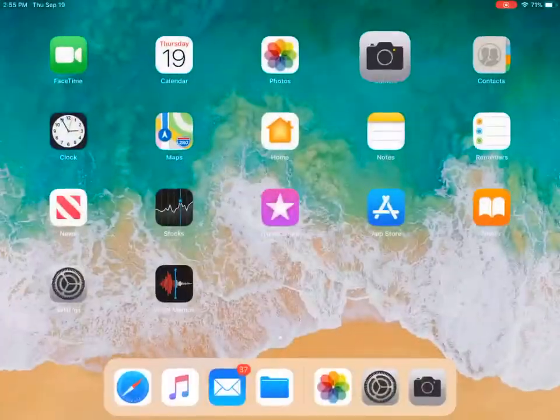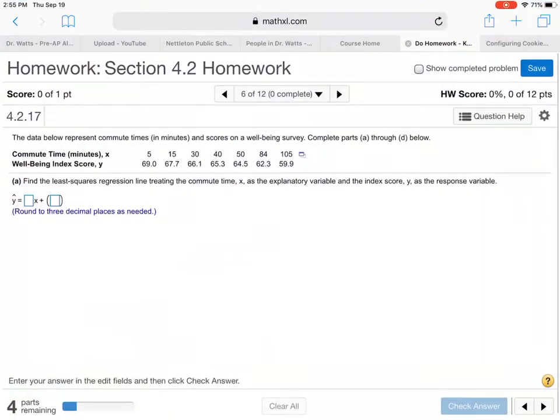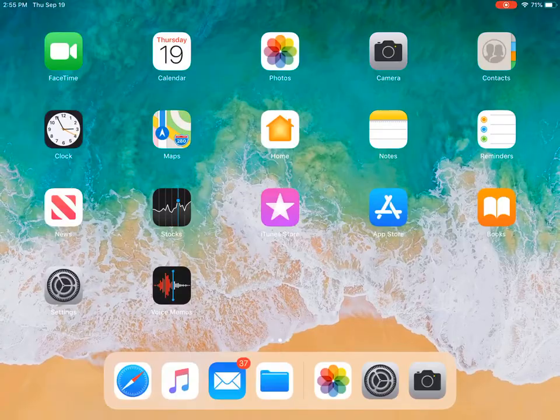So let's go back to our problem here. It says to round to 3 decimal places as needed. So when we go and we get our values out of the calculator, we'll round to 3 decimal places.